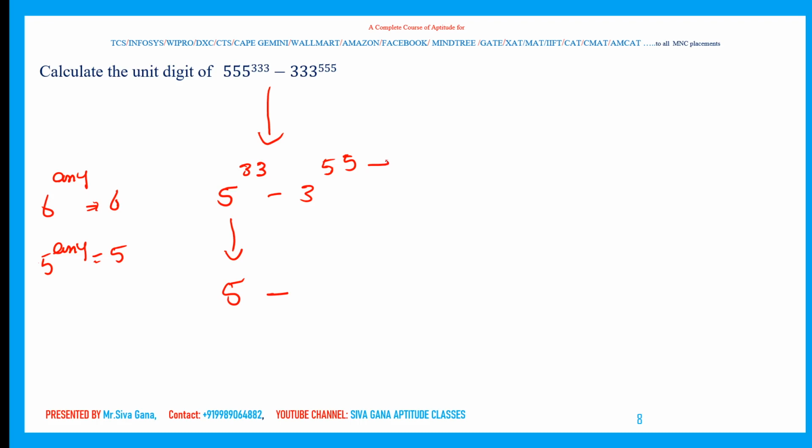Minus, 55 is in which form? 4k plus 3, since 13 4s are 52 plus 3. So the unit digit is the same as 3 power 3. 3 power 3 is 27. Unit digit is 7. Right?